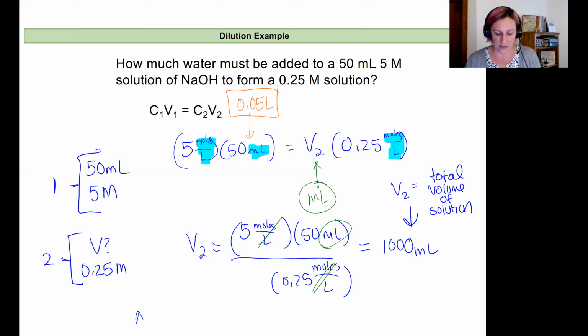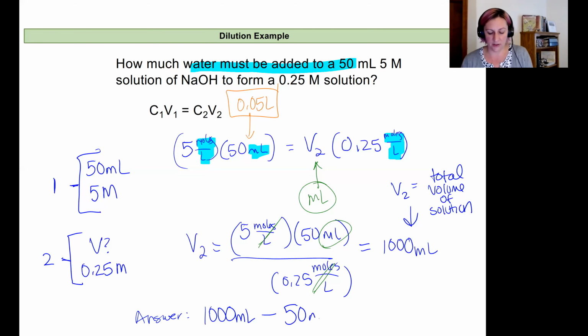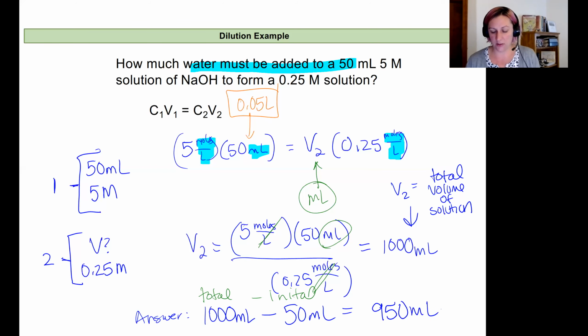So my answer is what's added. That's 1,000 milliliters, my total volume, minus the volume I already have, 50 milliliters. Again, that's my total volume minus my initial volume. And so I'm going to add 950 milliliters to my 50 milliliter 5 molar solution, and then I'll have a concentration of 0.25 molar.